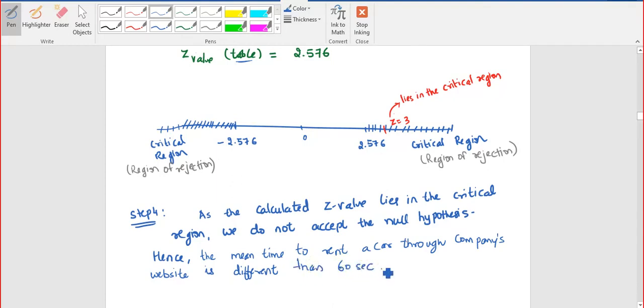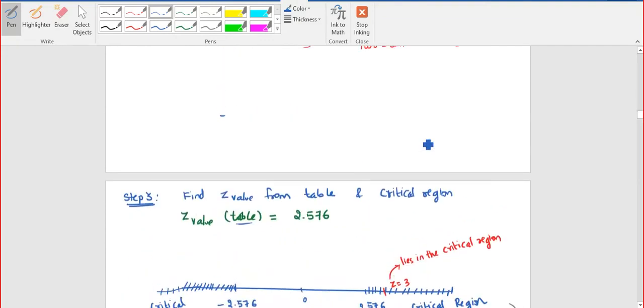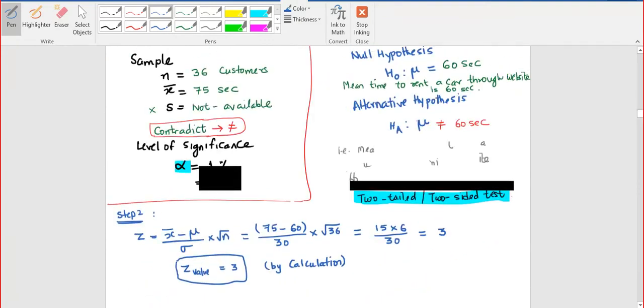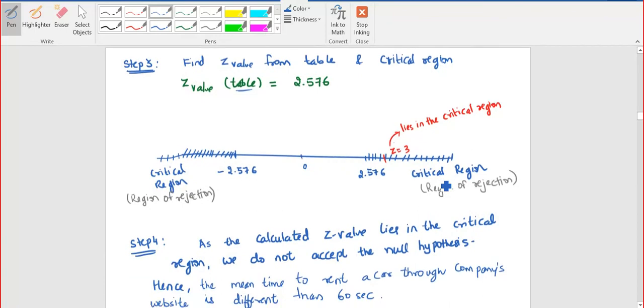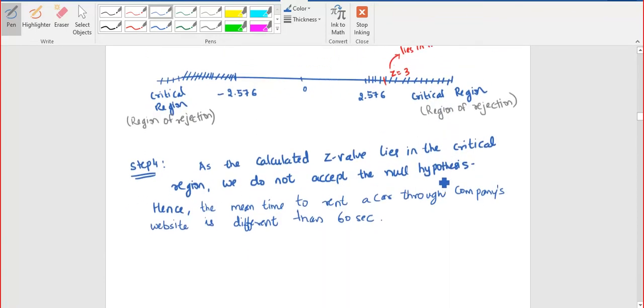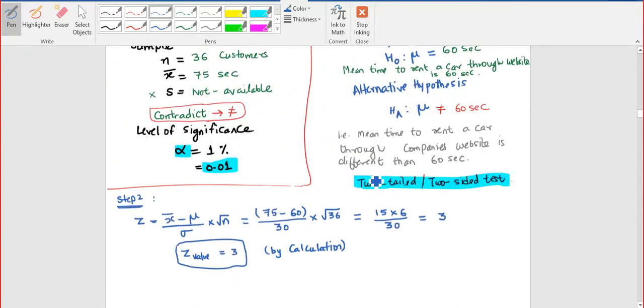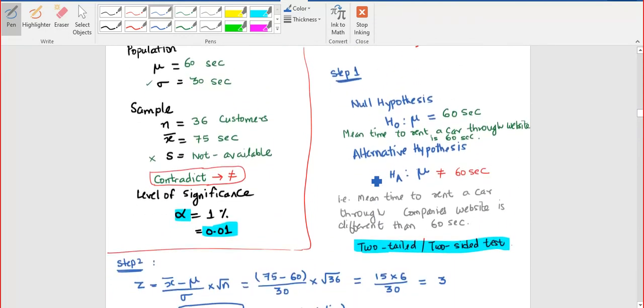It's better to say it is different than 60 seconds instead of saying it is more or less, because we are going with the alternative hypothesis that the null hypothesis is not true. It is not taking 60 seconds to rent a car, but it could be higher or less than 60 seconds. So we just say that it is different. That's why we are using the symbol not equal to. So this is the solution of this problem. You have to include all these 4 steps while explaining the question. Clear?